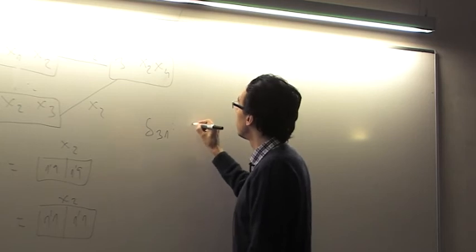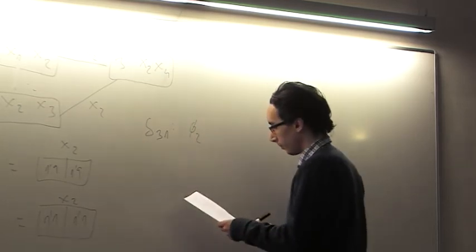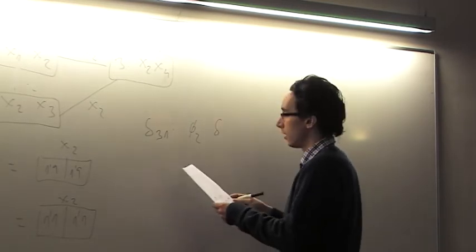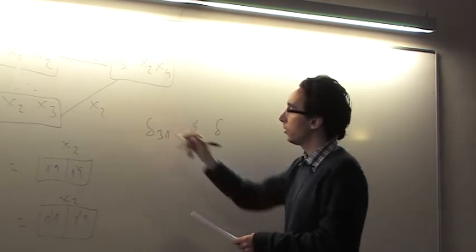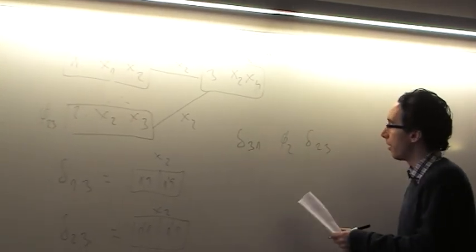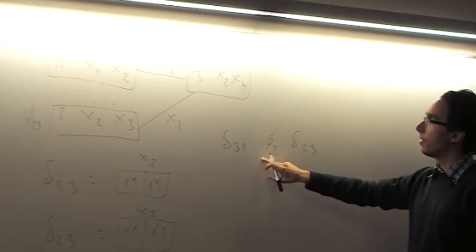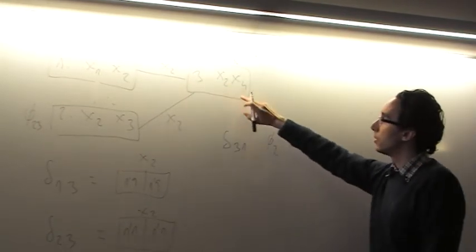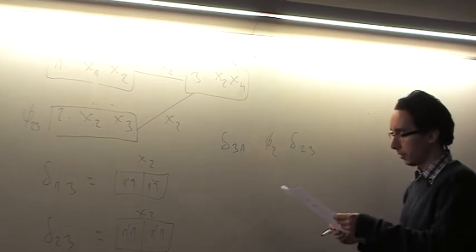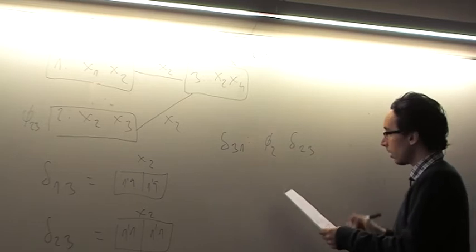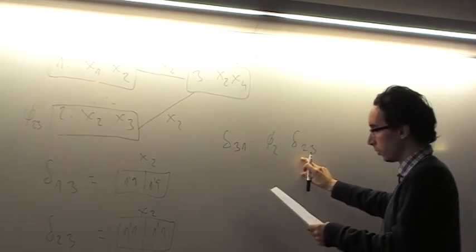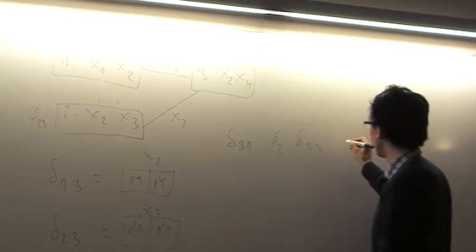So this is going to be phi2 times the message coming from the other node, 2,3. Then I have to sum out the variables that are not in the subset, which in this case there are none, so I don't have to do that. So this message 2,3 is just 1, 1.